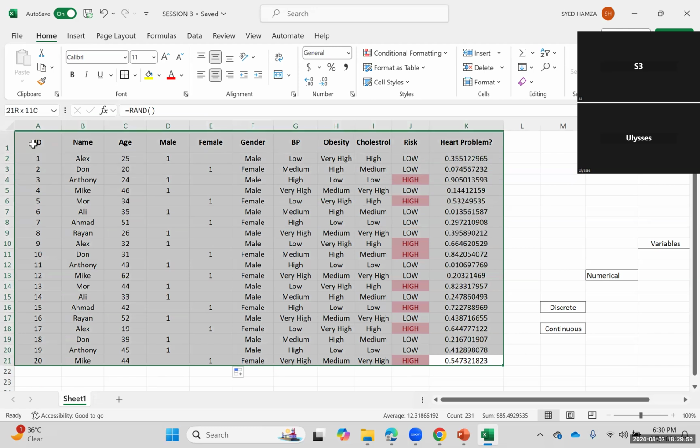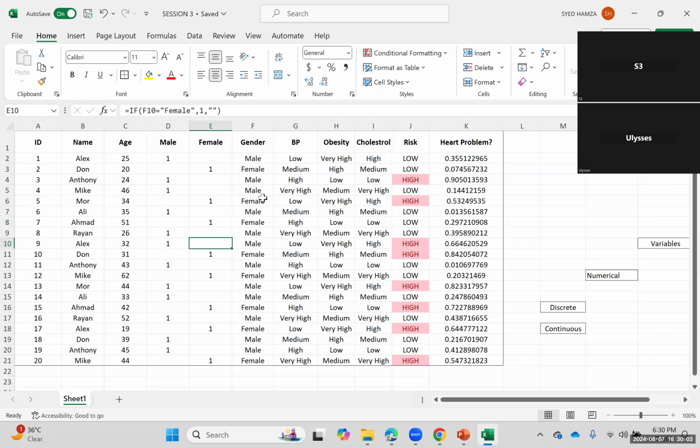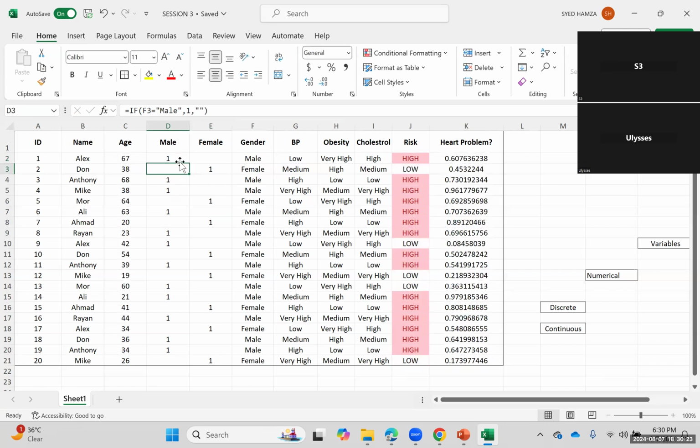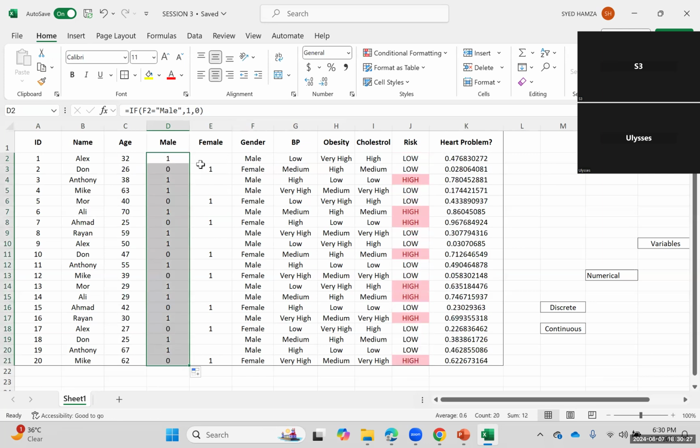So what we did here is we created a split of the values of the gender column and we converted that to be male or female. So the values would be 1 or 0. You can make it empty or you can make it 0. Normally, if you want it so that pandas does not identify it as a null value, then it's better to call it 0 in this case.